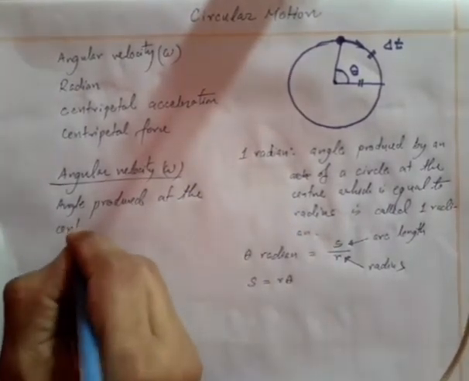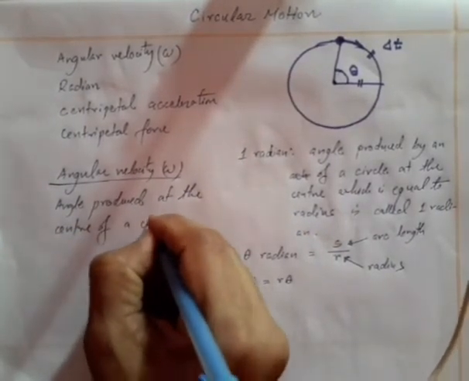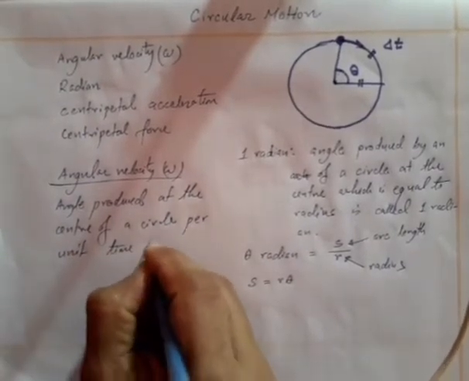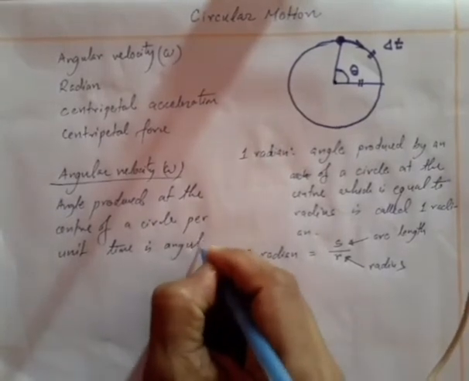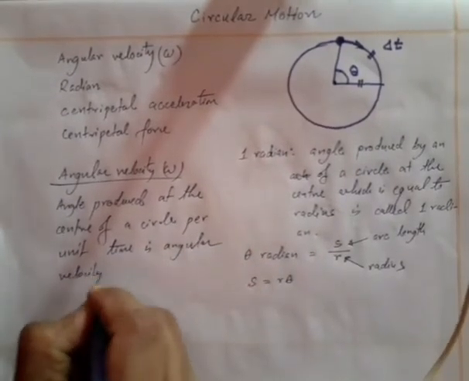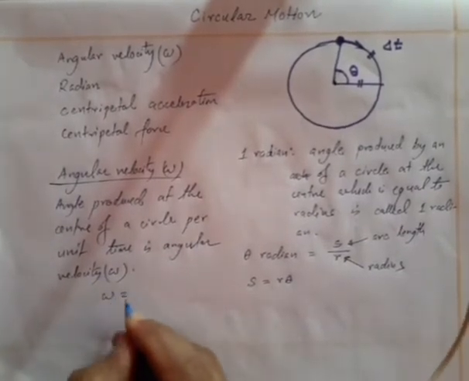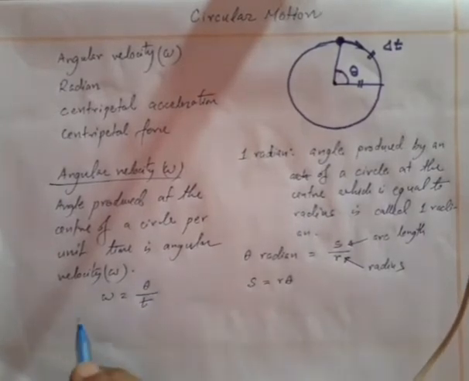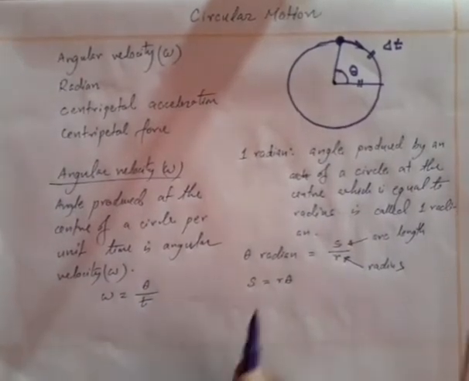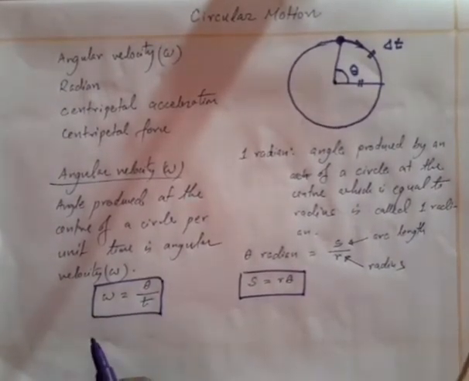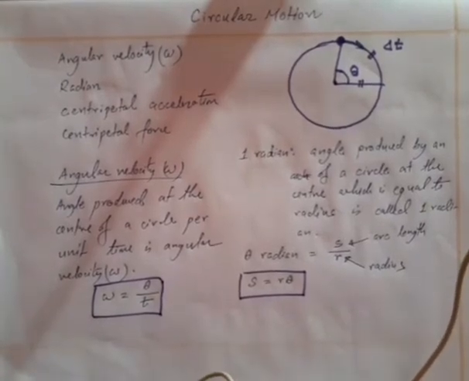Angular velocity is angle produced at the center of a circle per unit time, or you can say angular displacement per unit time. So we can write omega equals theta by delta t. As from the diagram we can see the angle theta is produced at the center at time delta t. So we can write omega equals theta by delta t, or theta by t. It doesn't matter. You may write delta t or t.